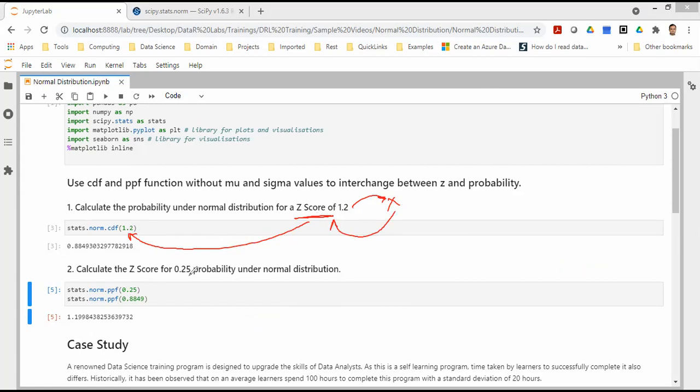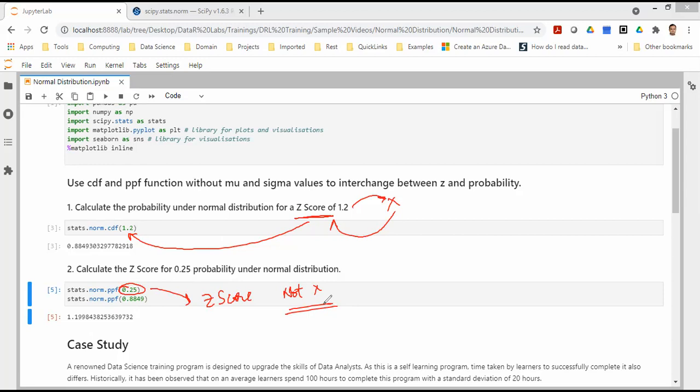Similarly, this PPF function, whenever I'm giving any probability value as an argument, returns a Z score and not my X values or the random variable values.